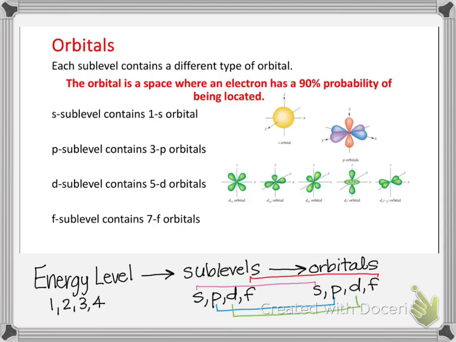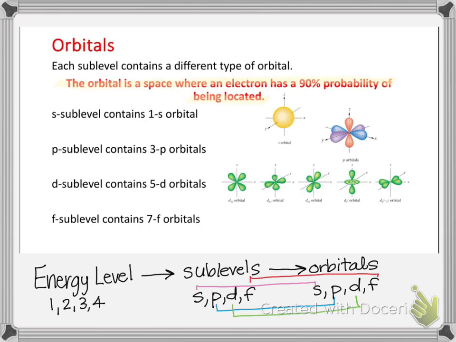So let's take a look up here. Looking at the top, it says each sublevel contains a different type of orbital. Here's the definition of the orbital: the orbital is where there is the highest probability of finding the electron. So orbitals are where the electrons are; that's where we're going to find them.